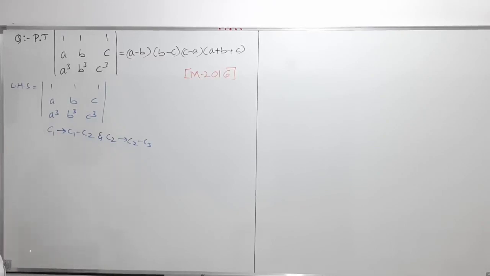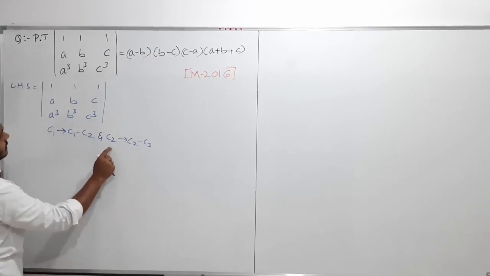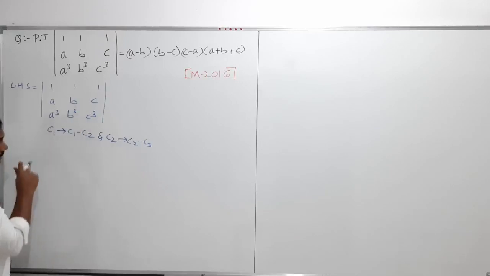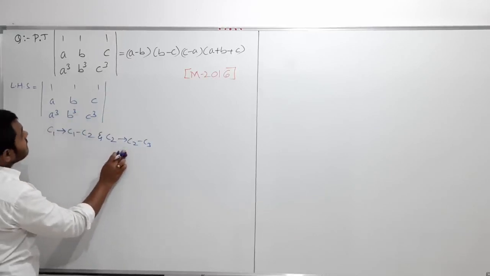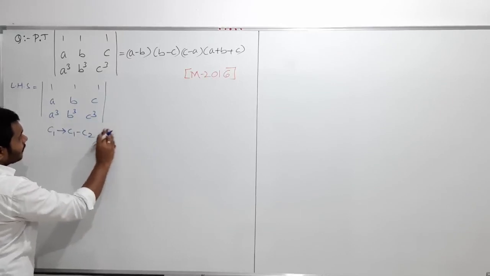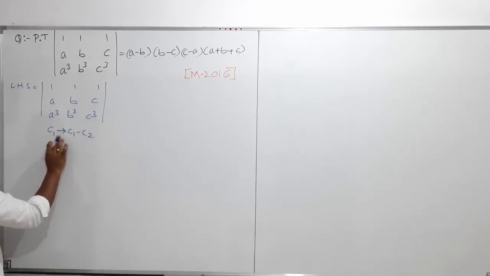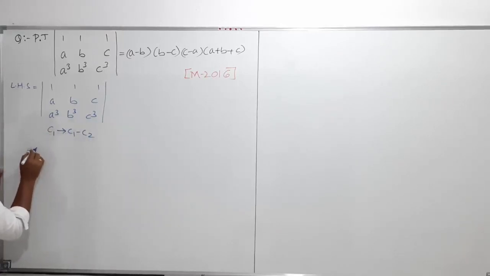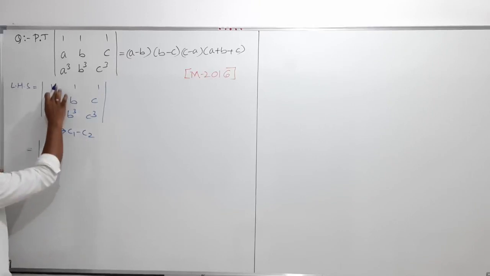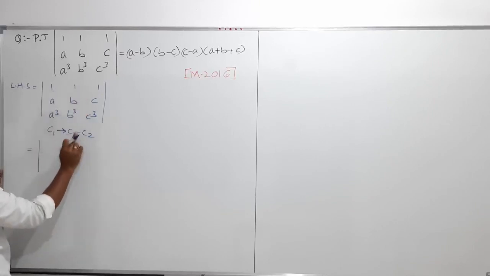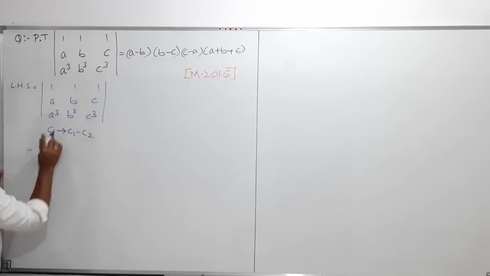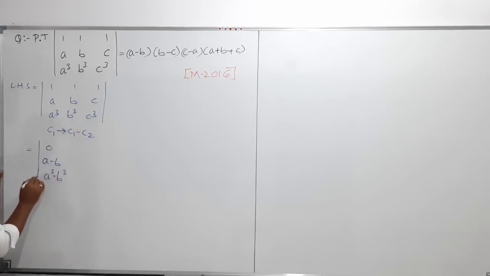Now, my dear students, if you are getting confused with C2, first just solve column 1. Column 1 minus column 2: 1 minus 1 is 0, a minus b, this element minus this element, then a cube minus b cube.